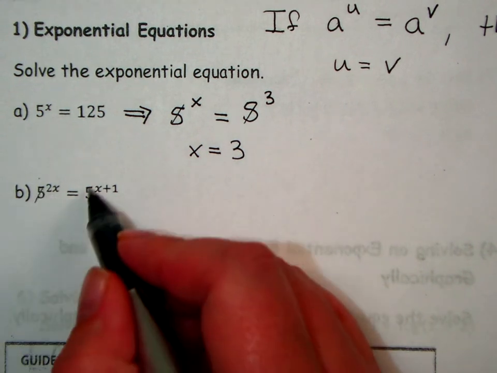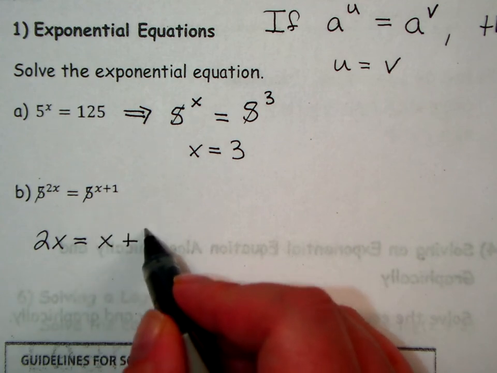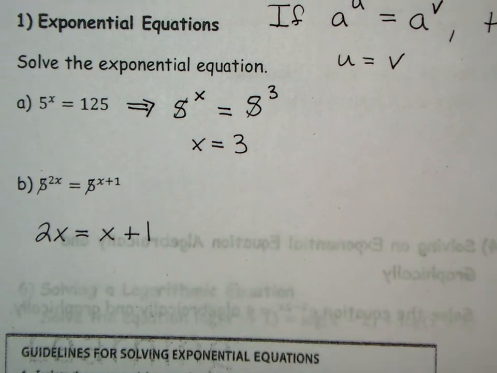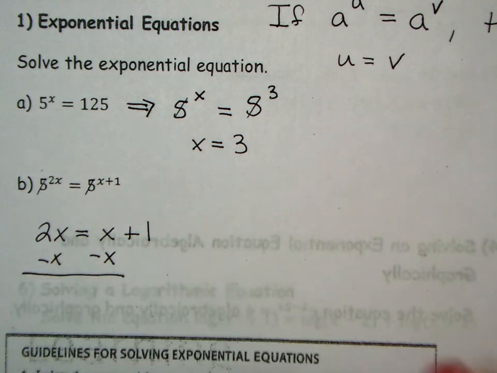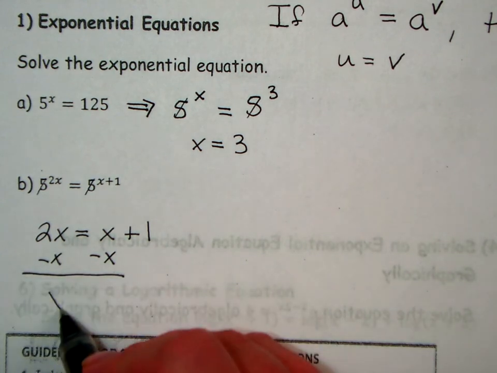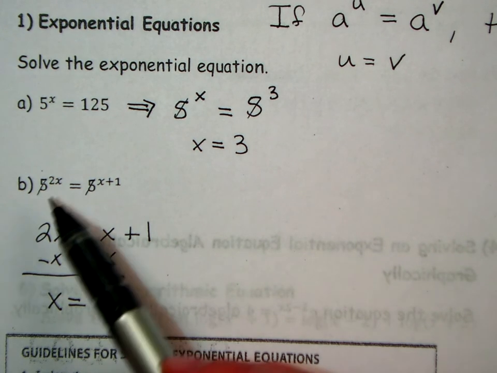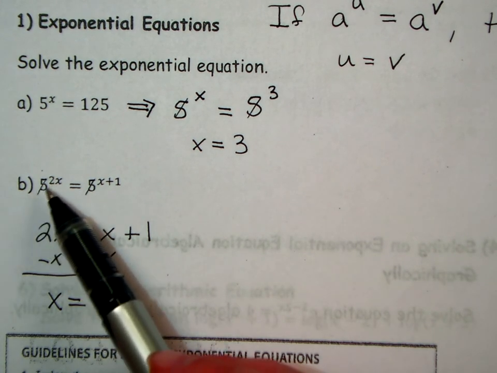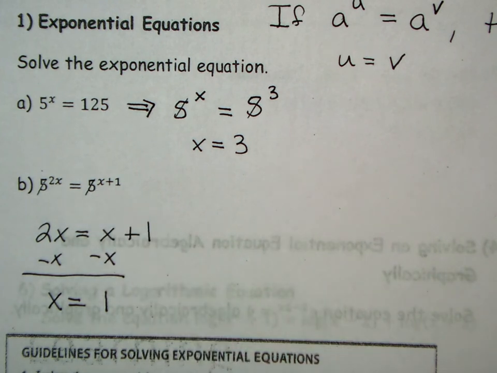We cancel those bases and get 2x equals x plus 1, a simple linear equation. I subtract x from both sides and get x equals 1. Plugging 1 into the original problem, we get 5 squared equals 5 squared, which is true. So if you can make the bases match, do so, and then set the exponents equal to each other.